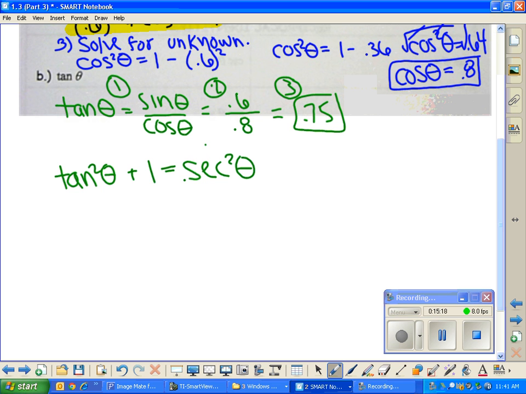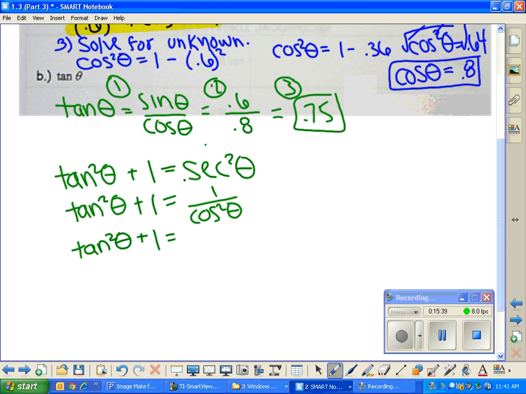Right. So he used this one, and he changed it to 1 over cosine squared theta. From there, you have your known and your unknowns. So you can go tangent squared theta plus 1 equals 1 over 0.8 squared.